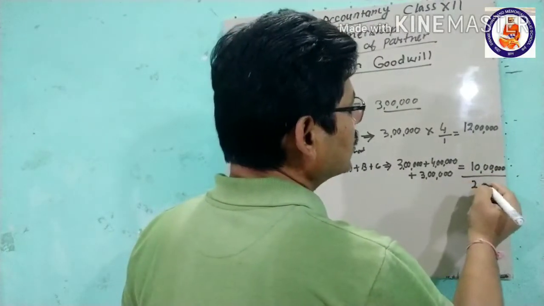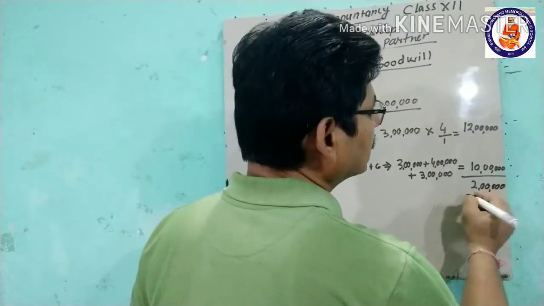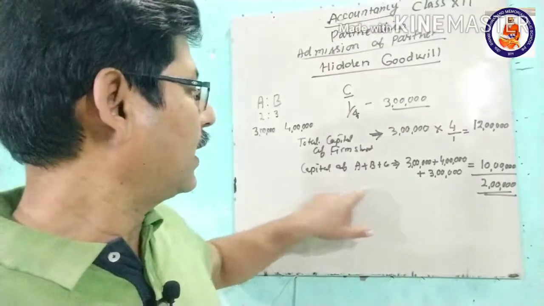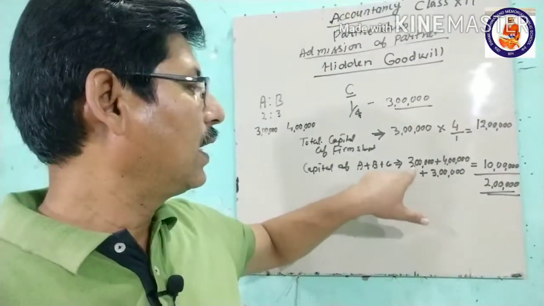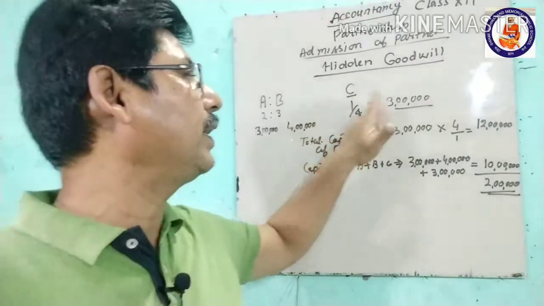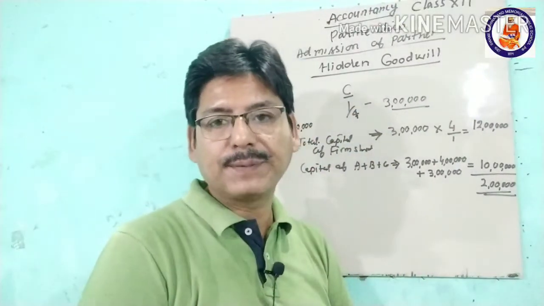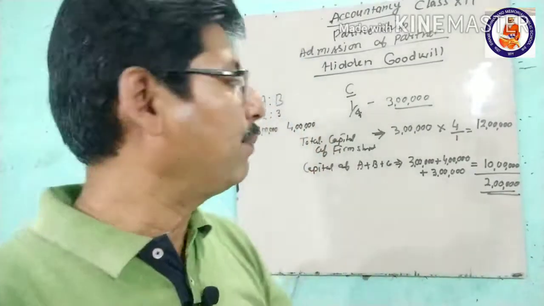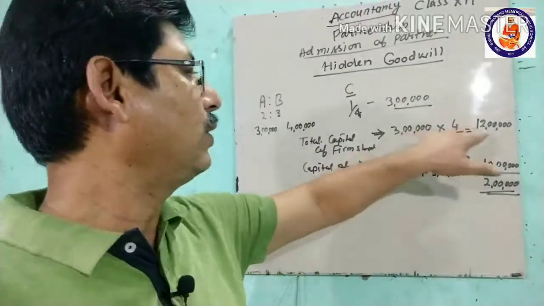The actual capital is this 10 lakh, but when C brings 3 lakh rupees for his 1/4 share, the total capital should be 12 lakh.